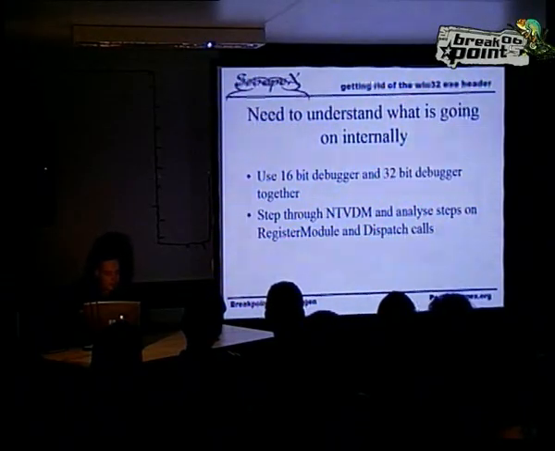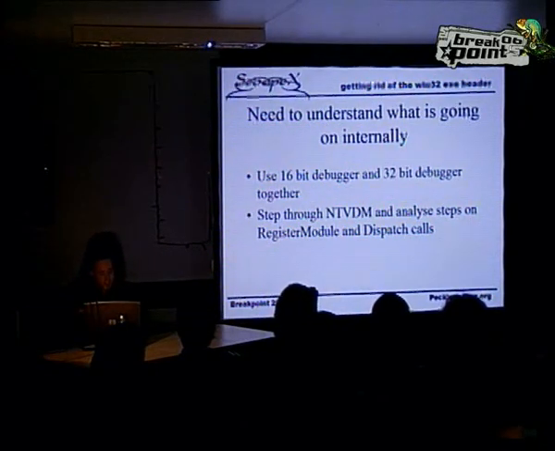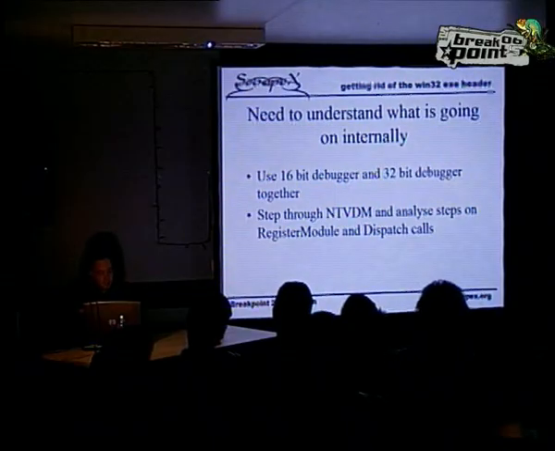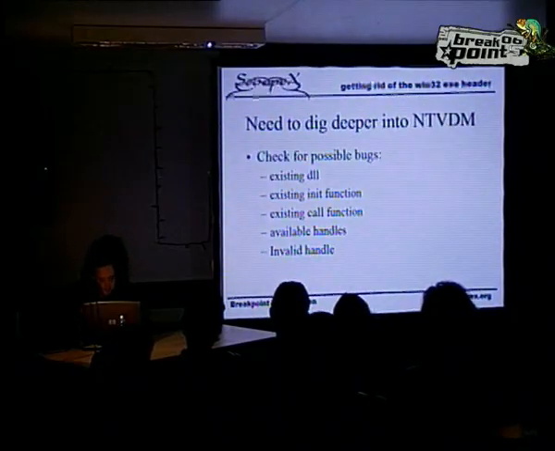I took the 16-bit debugger, loaded up the COM file, which guaranteed me that the virtual DOS machine was running, and I could attach the 32-bit debugger to that machine. Then I executed the 16-bit program and was able to step through the 32-bit parts of the NTVDM and analyze the routines.